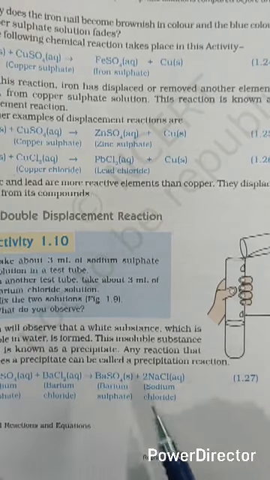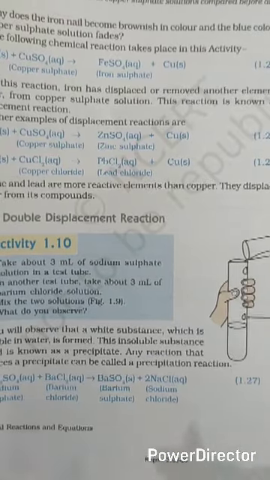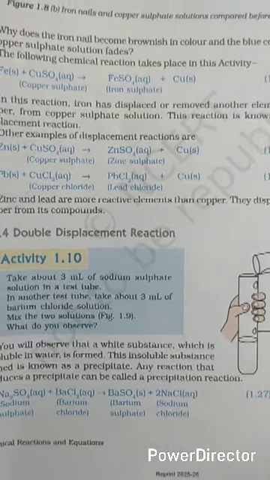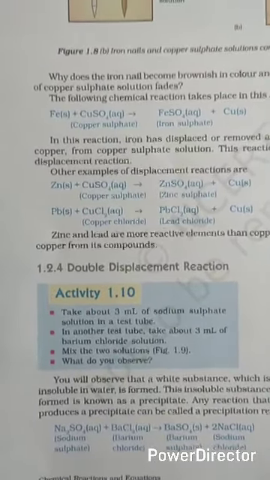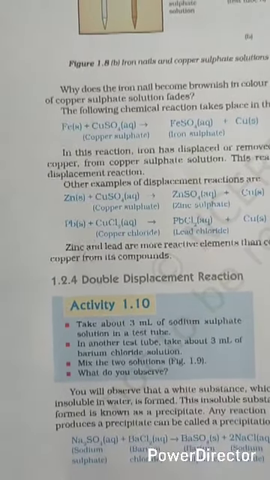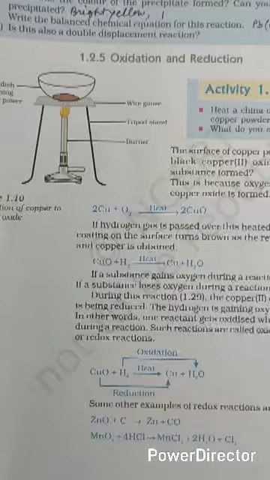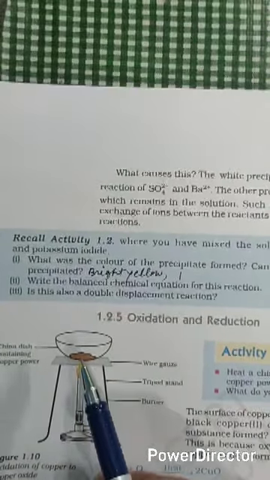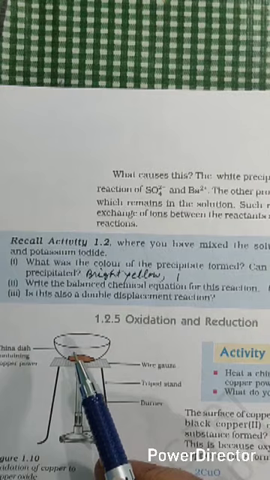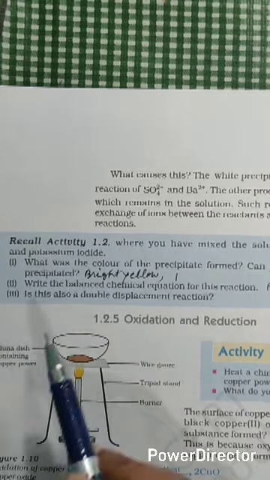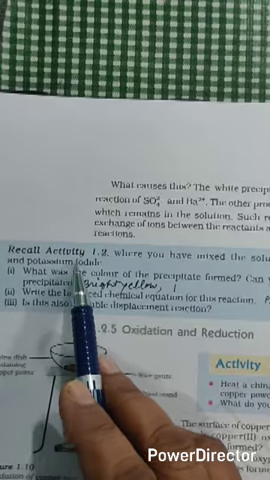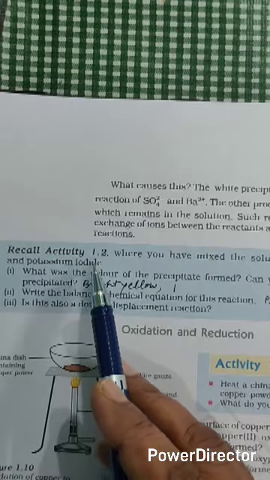So it will be deposited, and that is why this is also called a precipitation reaction. Already we discussed in part 2 different types of reactions. Now, as I already told you, activity 1.2 will come back whenever we discuss double displacement reactions. Again given here, recall activity 1.2.